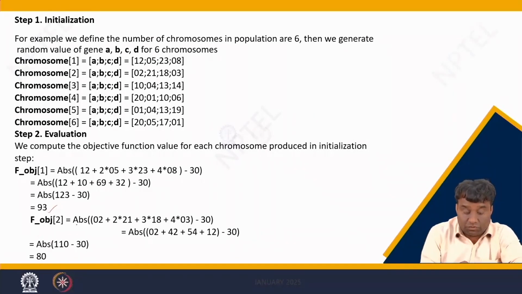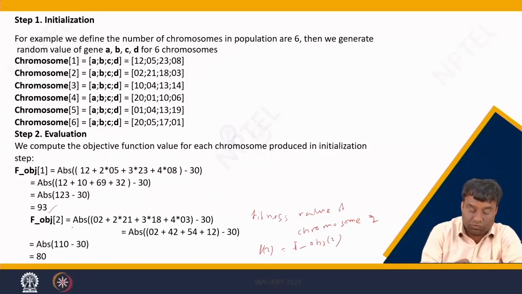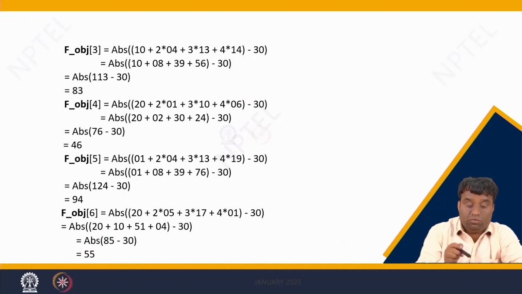For chromosome 2, that is F objective 2, the fitness value of chromosome 2, it is the same thing, a plus 2b plus 3c plus 4d minus 30, so that is 80. Similarly, we calculate the objective fitness values of 3, 4, 5 and 6. So we have calculated all fitness values.